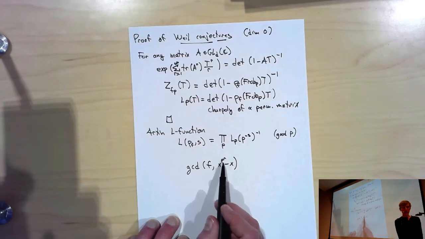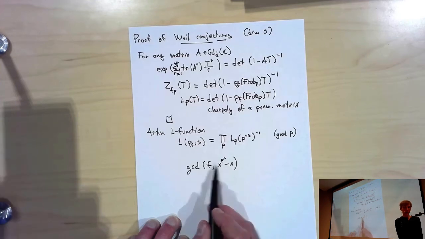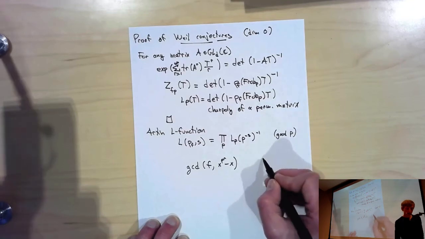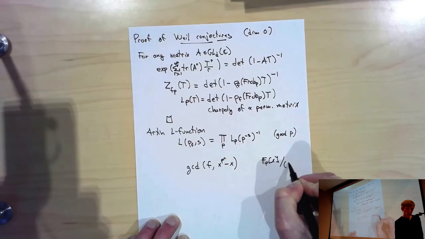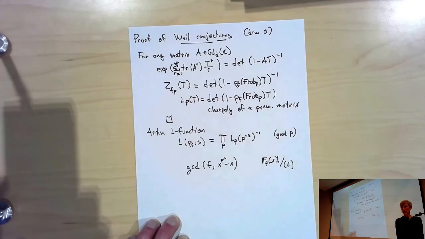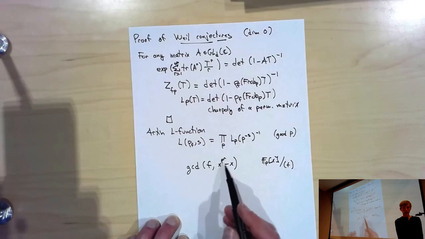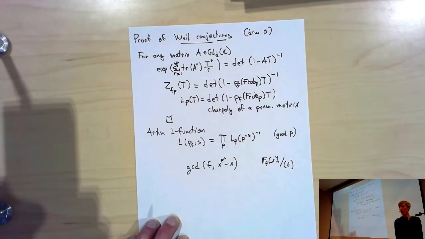What I do instead is I start with the polynomial x, and I work in the polynomial ring F_p[x] mod f, where f has some fixed degree d, and I compute powers of x: x squared, x to the fourth, x to the eighth. I keep going all the way up until I've computed x^(p^r), using the square and multiply algorithm, but reducing mod f all the way along.